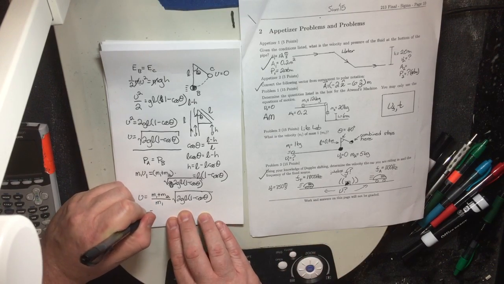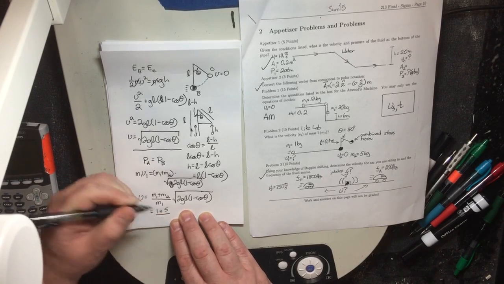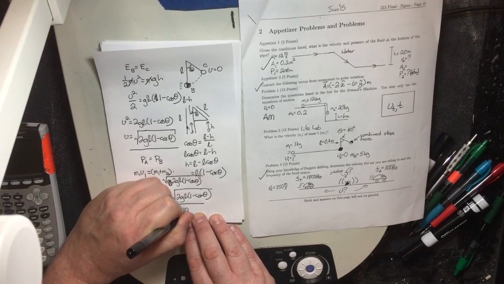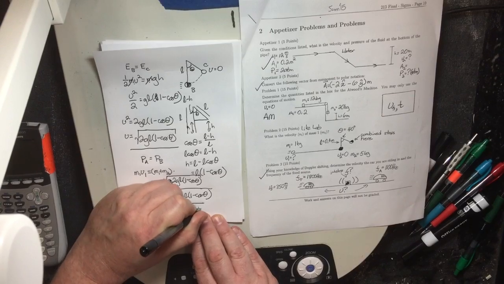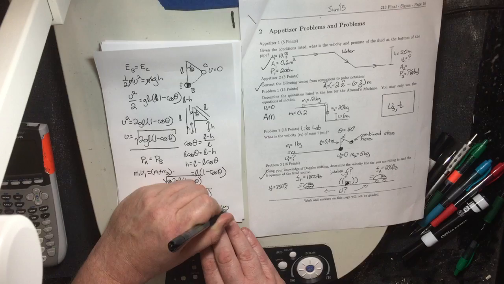Plug it in. m1 is 1, m2 is 5, m1 is 1, 2 times 10 times 0.4, 1 minus cosine 40.